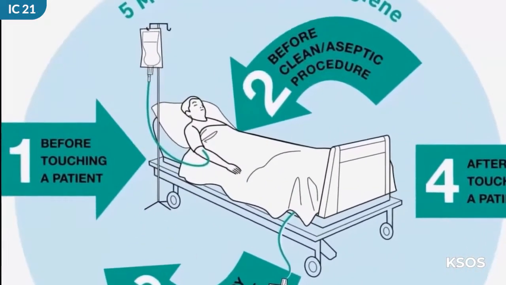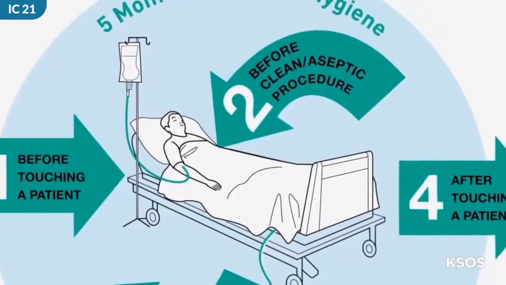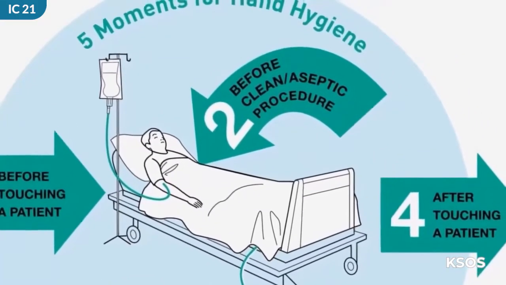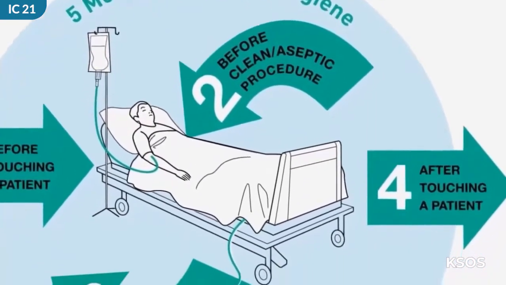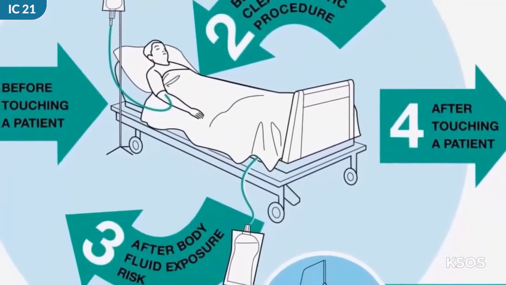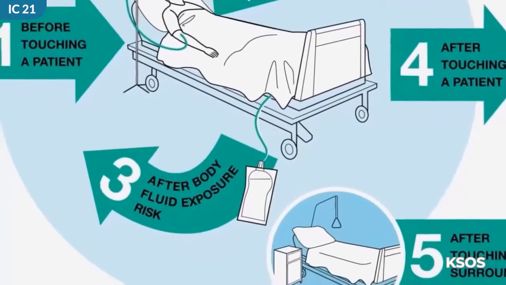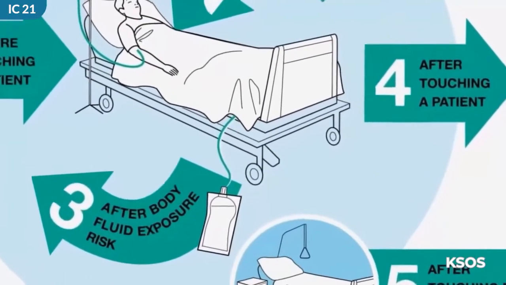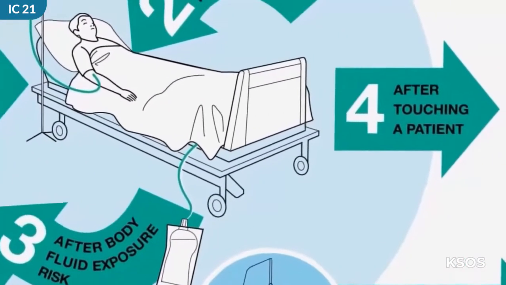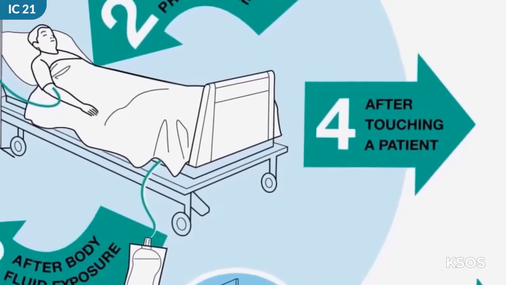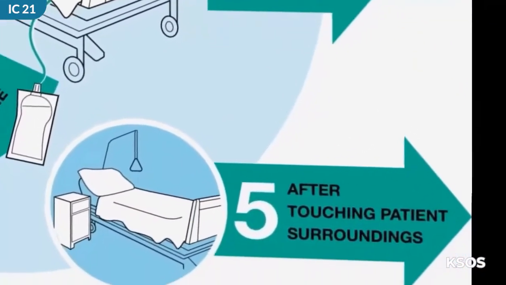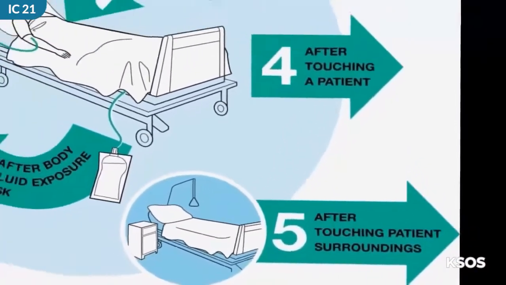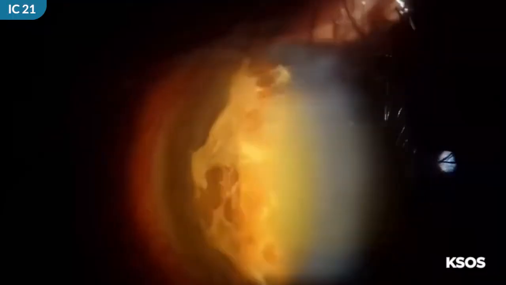The 5 moments where you are supposed to do hand hygiene are: before touching the patient, before a clean or aseptic procedure like putting in an IV line, after body fluid exposure risk, after touching the patient, and after touching the patient's surroundings. So these are the 5 places where hand hygiene has to be followed.